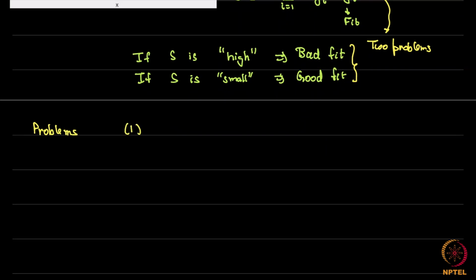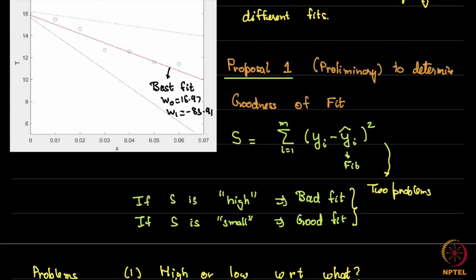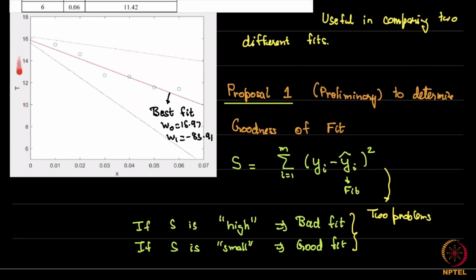Firstly, high or low with respect to what? This is a general lesson in science and engineering. One cannot talk about something being high or low without saying with respect to what. So there has to be a non-dimensionalization or some comparison. For example, here I have measured temperature in degree centigrade. Suppose I measure it in Fahrenheit, it might look like the temperature gap is high.